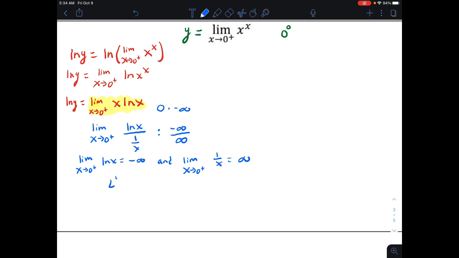So we're going to do L'Hopital's rule, which says that the limit as x approaches 0 from the right of the ln of x over 1 over x is going to equal that same limit as x approaches 0 from the right of the derivatives of the numerator and denominator. The derivative of the natural log of x is 1 over x. The derivative of 1 over x is going to be negative 1 over x squared.